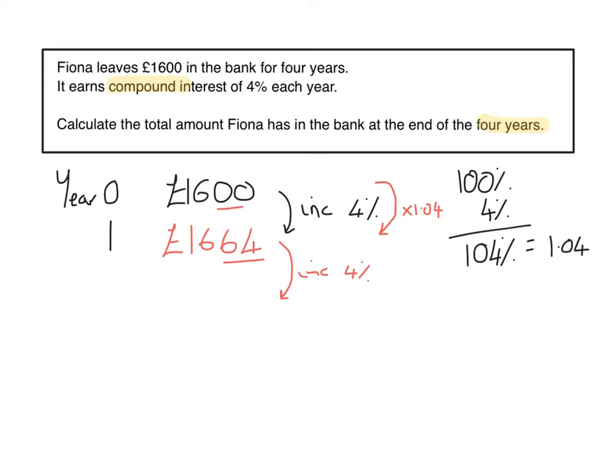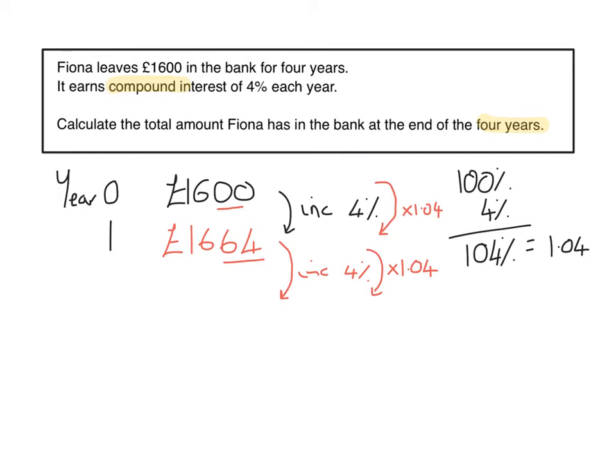So let's have a look at that. So remember, 104%. So if we want an increase of 4%, it's 100%, add 4% is 104%. So I need to be timesing by 1.04 again. This is not the same as adding the £64 on. Look what happens. 1664 times 1.04.